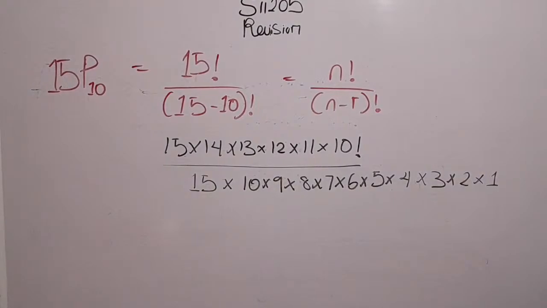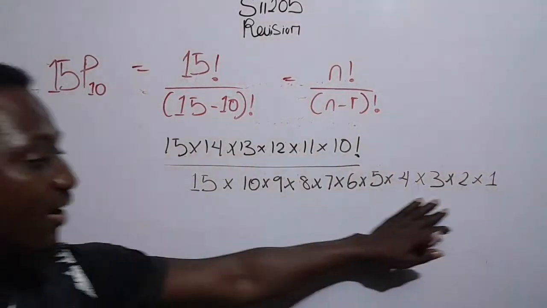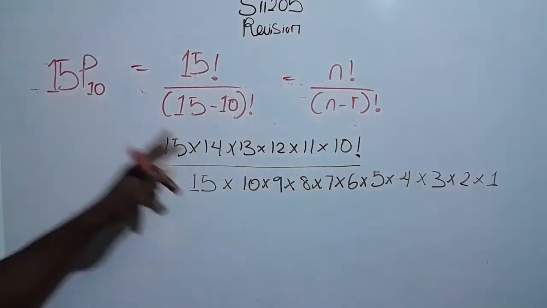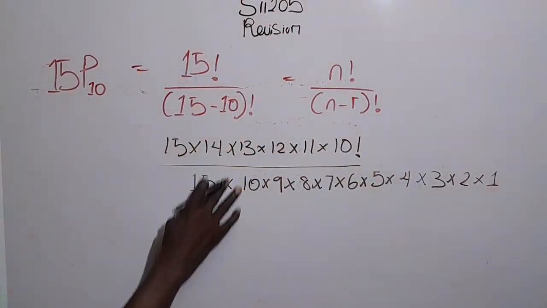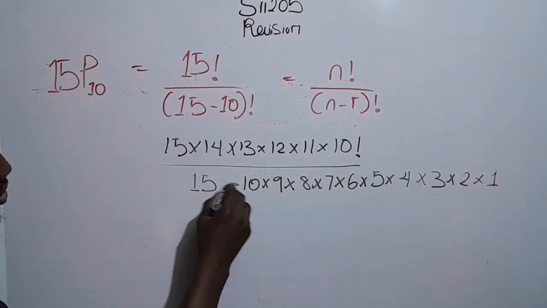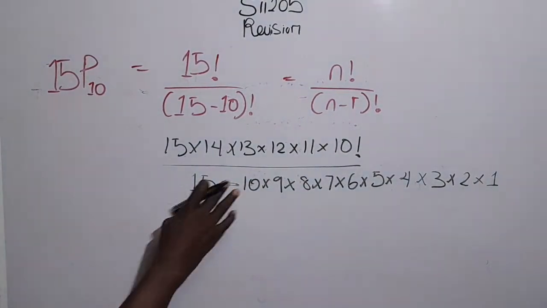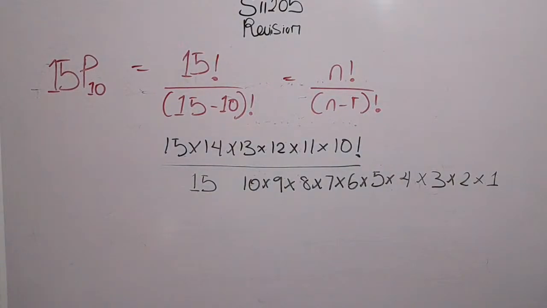So the answer you get from here, you multiply by the answer you get from here. Don't forget that this will be minus. That's the sign. Minus. And from here, you can do the required. So nothing much.